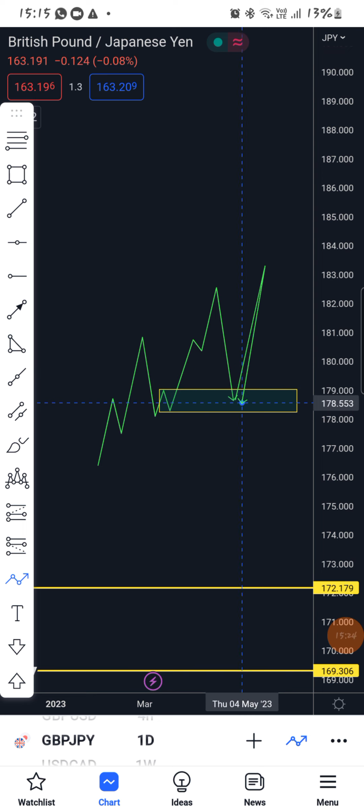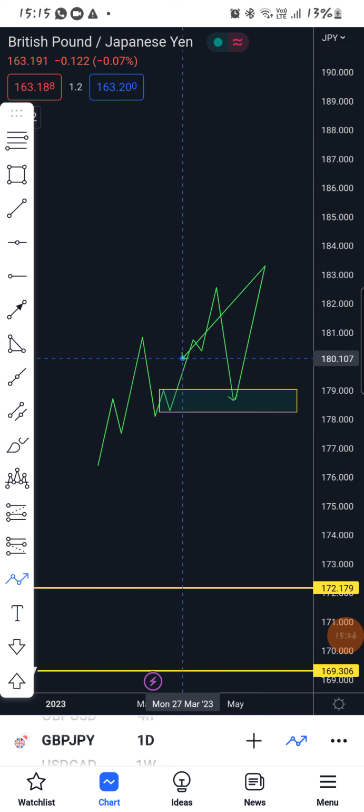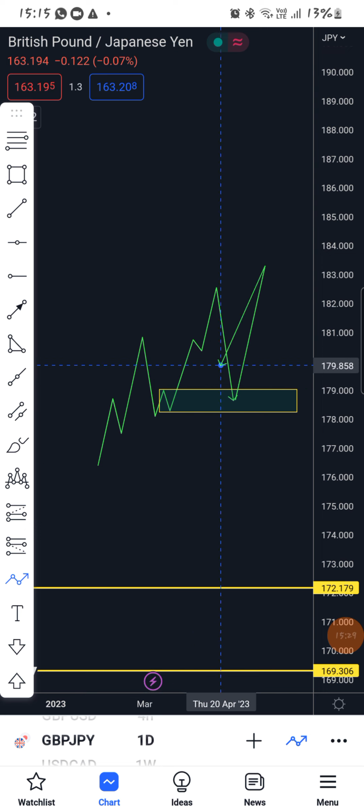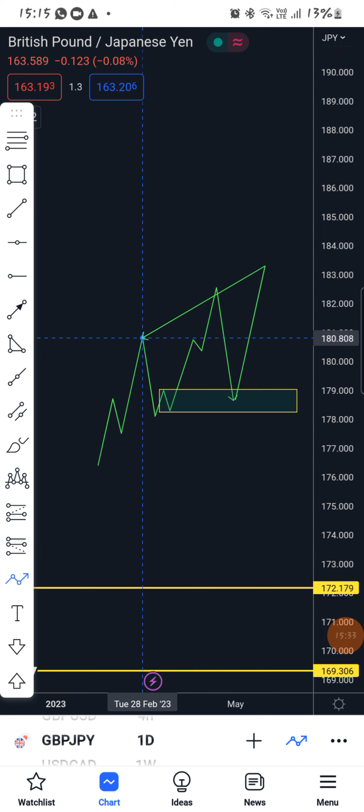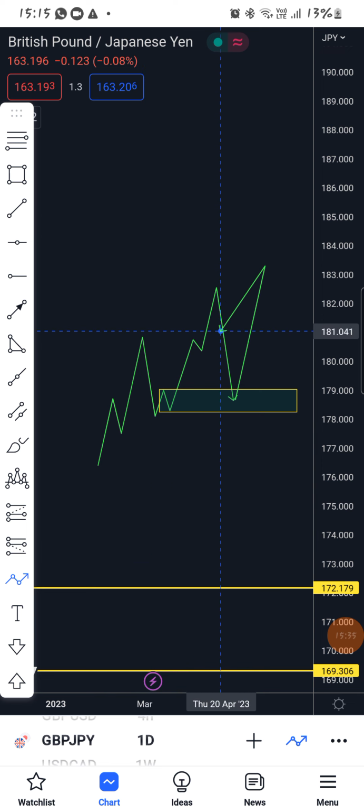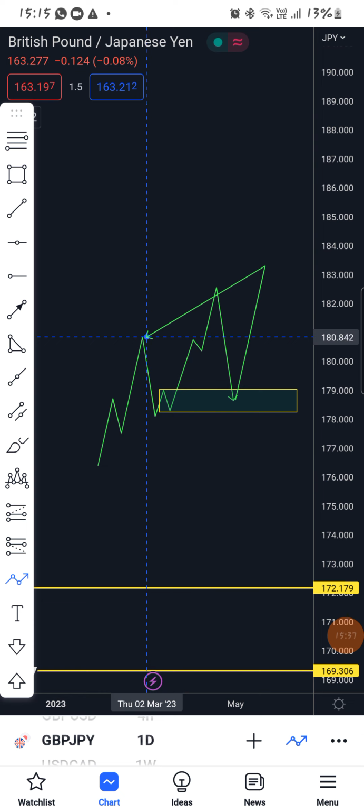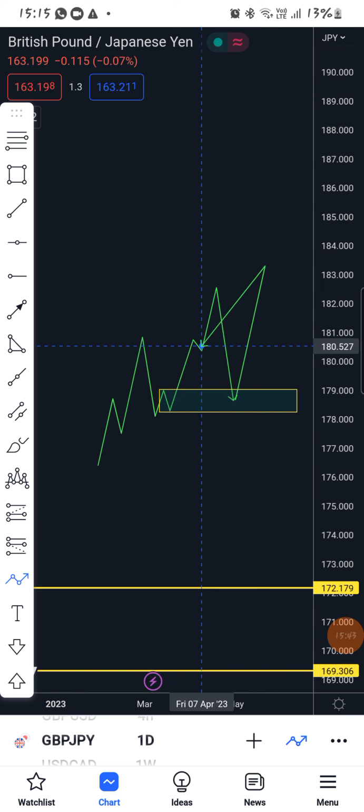So you have to look for a demand within an area where the resistance was broken. See, this is the resistance here. It was broken. So after the resistance was broken, you have something like this.